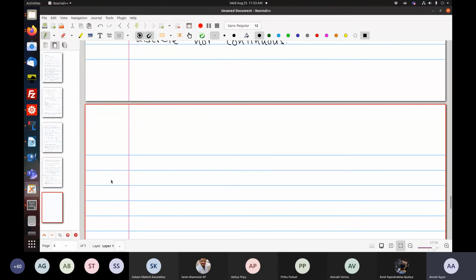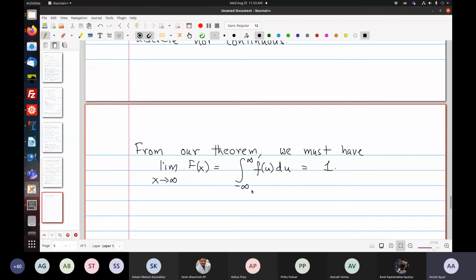One other thing that I should have said: from our theorem, we must have that the limit as x goes to plus infinity of F(x) is 1, but that is by definition equal to the integral from minus infinity to infinity of f(u) du. This should be equal to 1. So this improper integral must converge to 1.